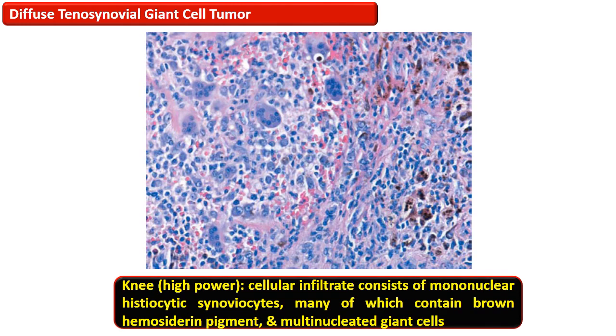While looking closely under higher magnification, these cellular infiltrates consist of mononuclear histiocytic synoviocytes, many of which contain brownish hemosiderin pigment, as is evident in this picture, and there is presence of multinucleated giant cells.